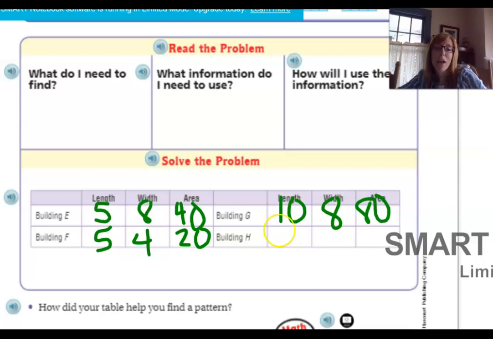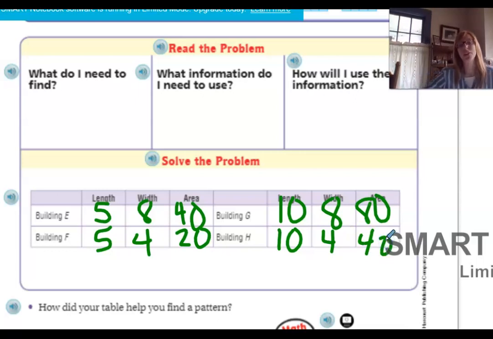And then we have for H, it is also 10. That stays the same. But the width is only half of the 8. It's 4. So it's 1/2 of 80. So 4 times 10 is 40 square feet. So if you're seeing the problem and you're seeing a pattern there, that's wonderful.